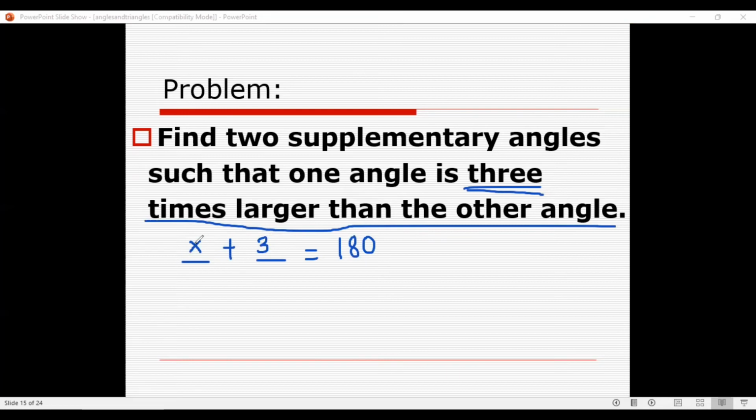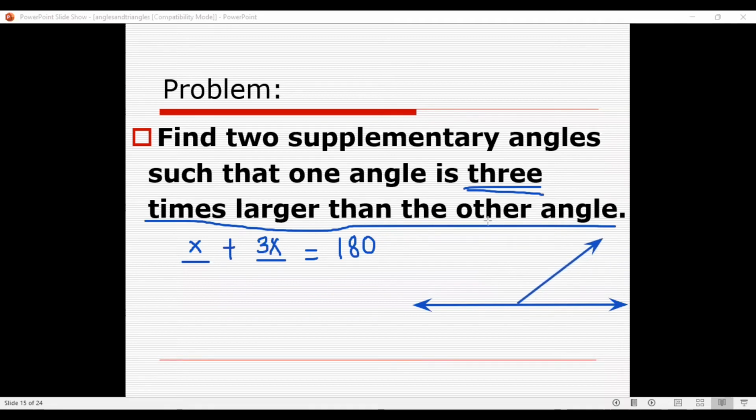Multiply whatever value you have there by 3, and that's the measure of the other angle. So this is now a supplementary angle, meaning you have a certain angle which is 3 times the other.